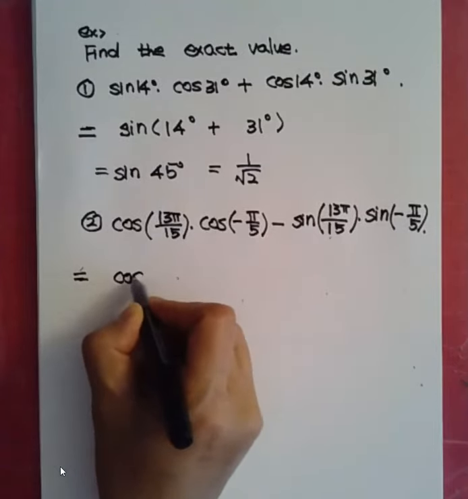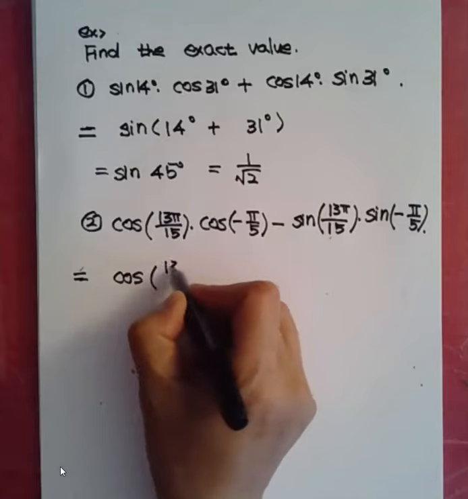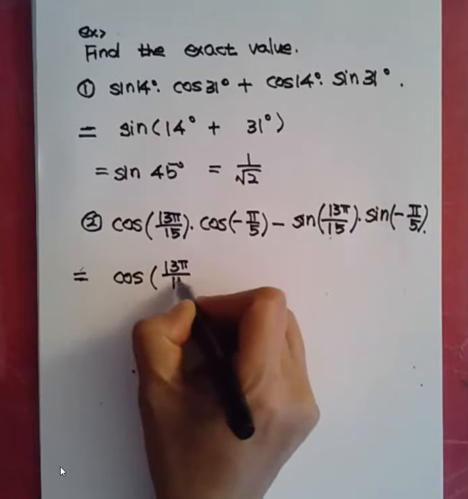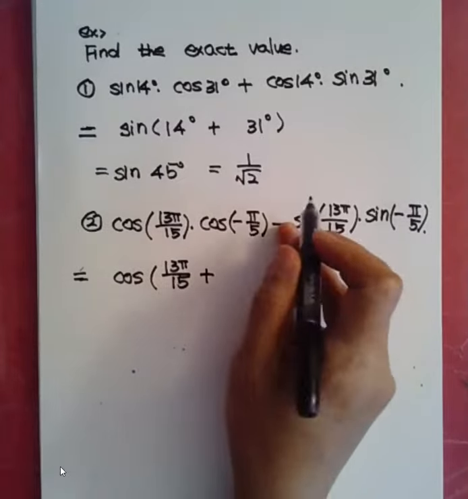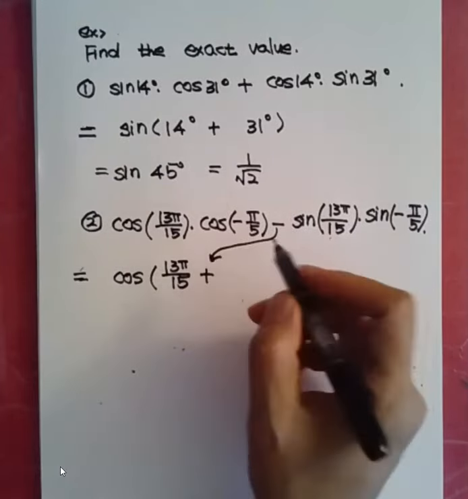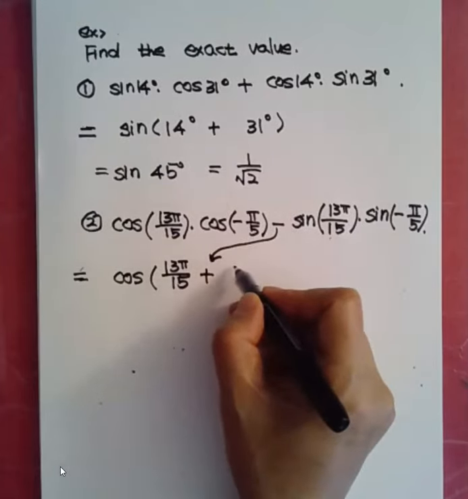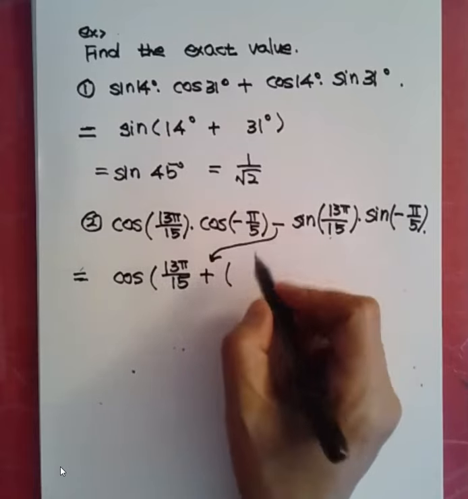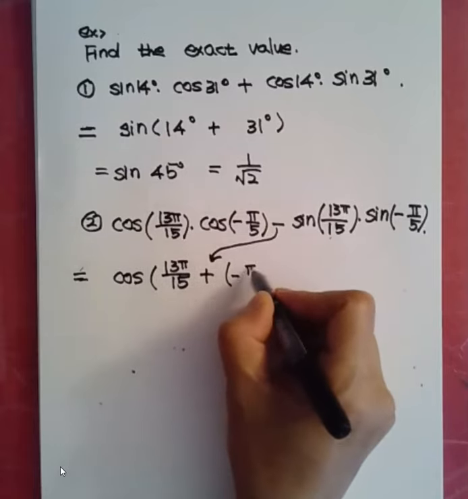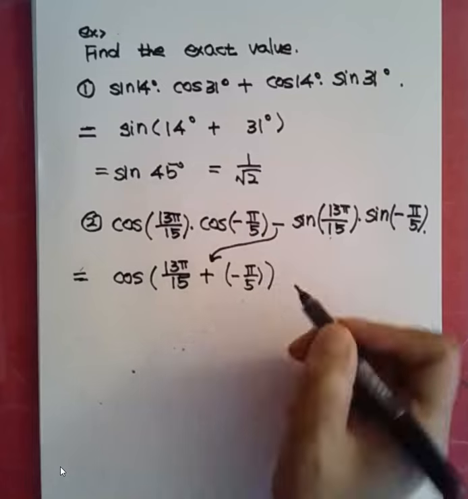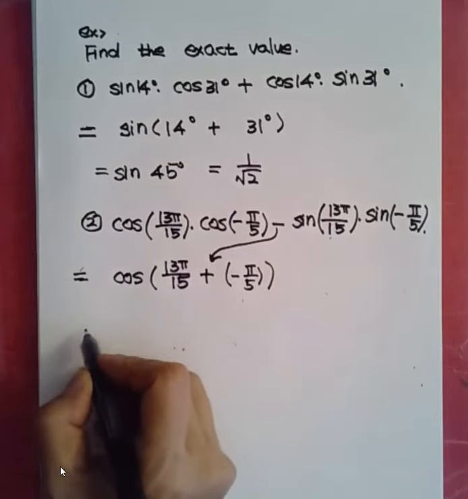So we have cosine of 13 pi over 15, then minus becomes plus, plus the angle itself is given as minus, so minus pi over 5. So we have to combine those angles.